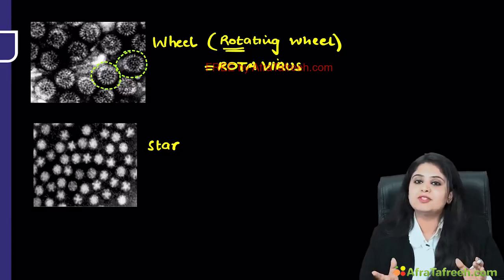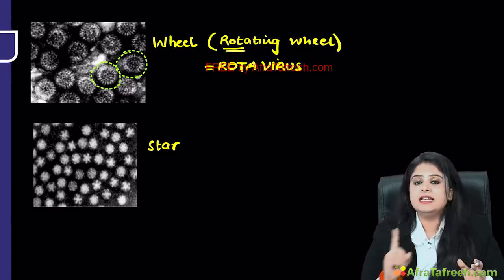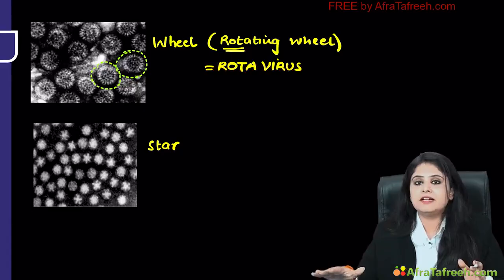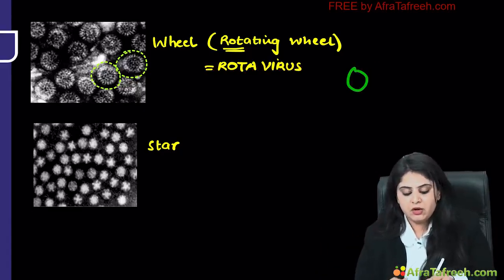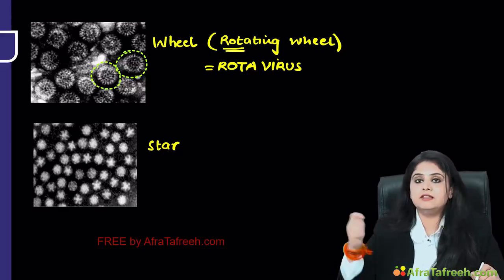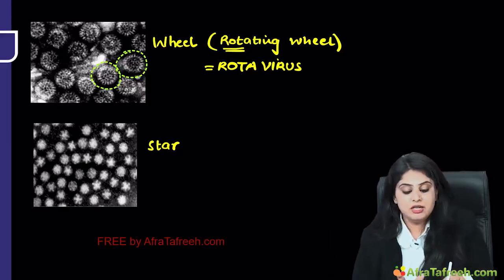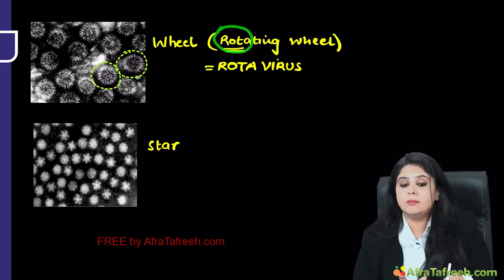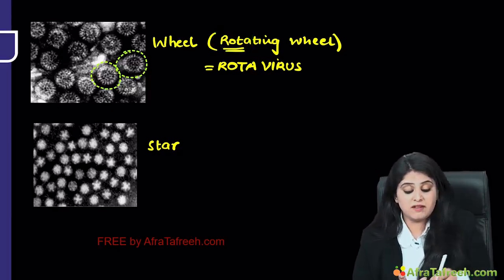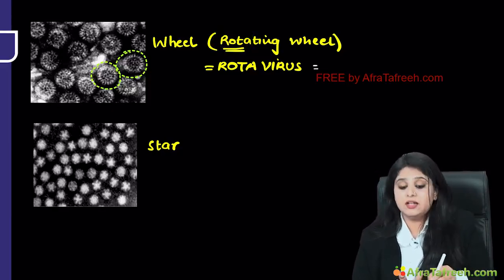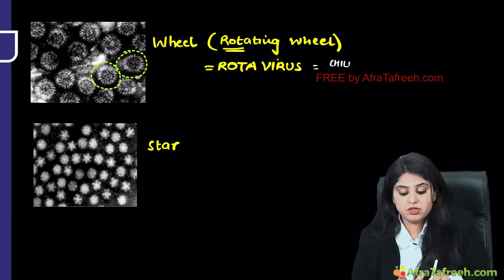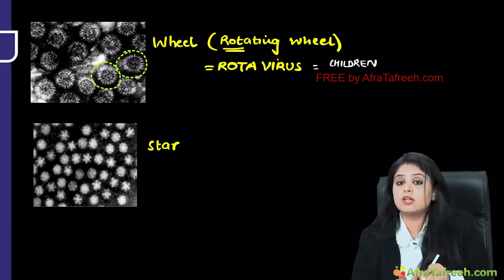That is the kind of depiction they do, and they always show that one scene where there is a kid, a tiny little 5-year-old kid who is running on the roads with a stick and a wheel in his hand. All of us have seen that, and he's rotating the wheel. Bas wo rota hua bachcha. You have to remember that rota hua bachcha. The rota hua, why? Because the rotavirus kid is really gonna cry a lot. Because what does it cause in children? Why am I giving the example of the rota hua bachcha?